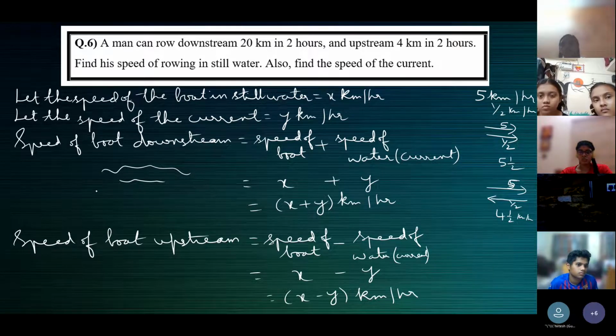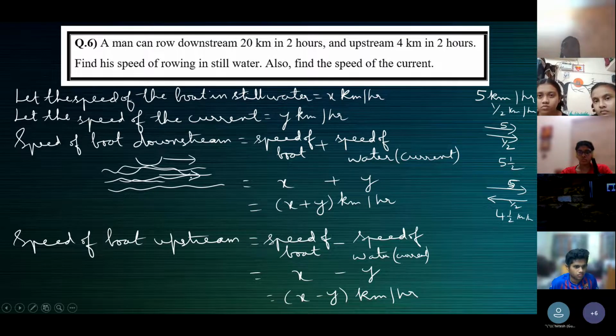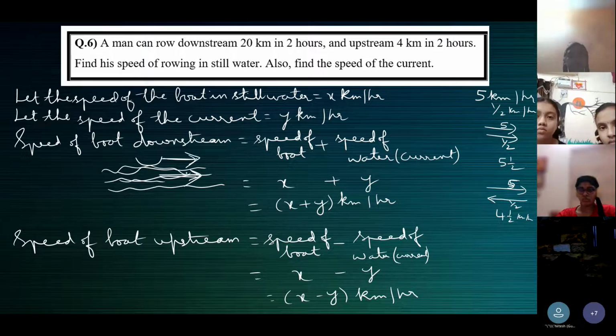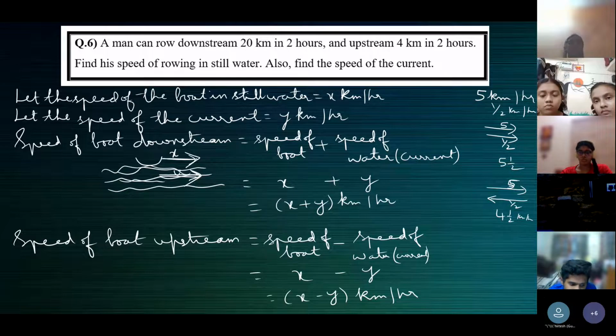No. It's a river, a flowing river like this. Downstream means the boatsman is going in this direction. Water is also flowing in the same direction. He is going at X kilometers per hour. Water is flowing at Y kilometer per hour. Net speed is X plus Y.